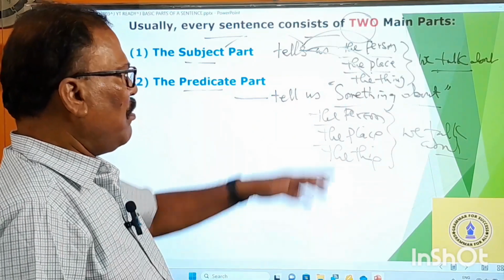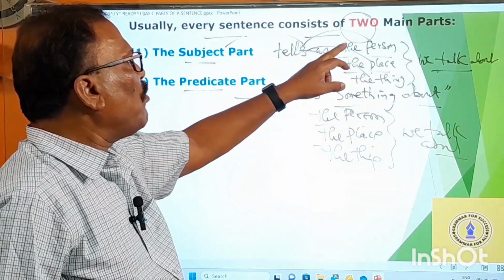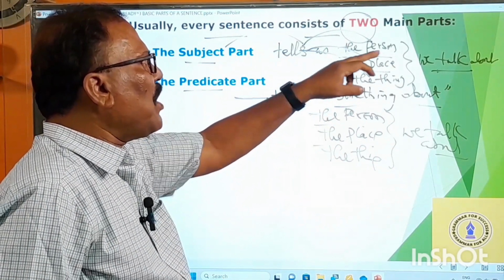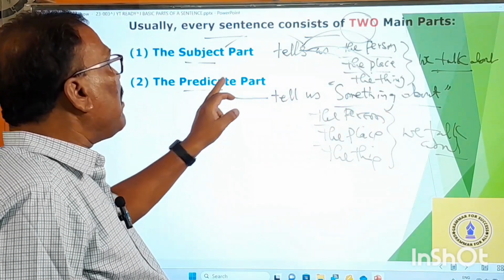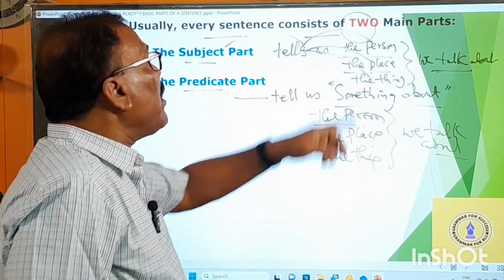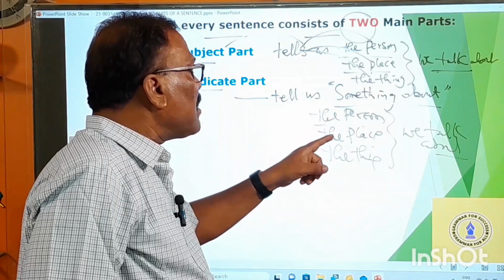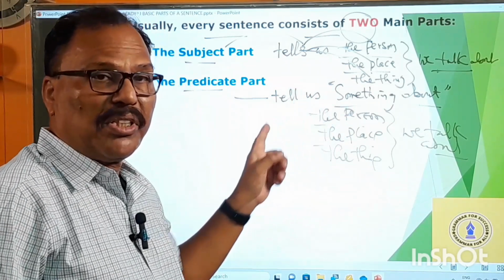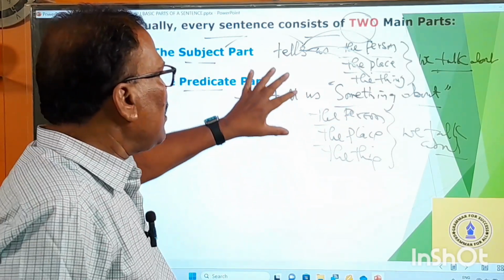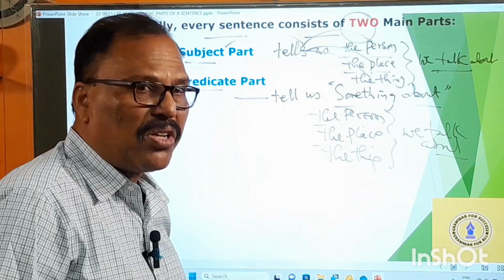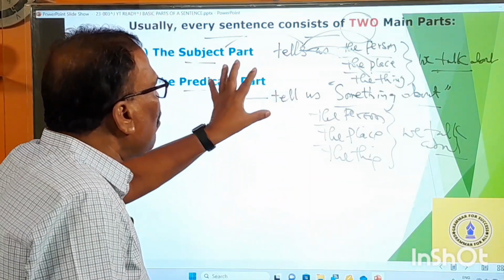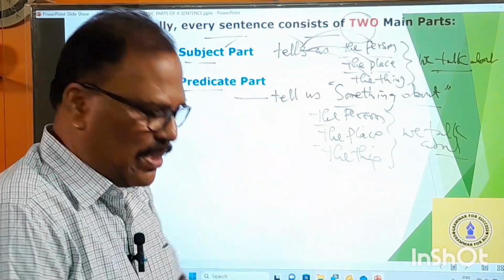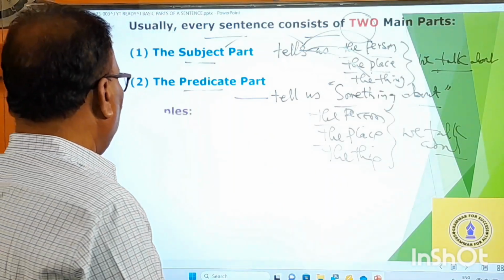The subject part tells us only the person, the place or thing we talk about in the sentence, but this predicate part tells us something about the person, place, or thing we talk about in that sentence. I'll give you a few examples to make this concept very simple, very easy. Now you just pay attention to these.